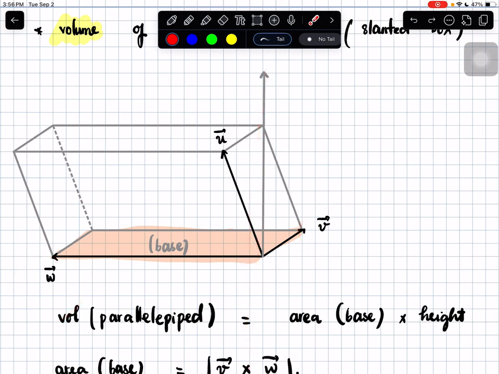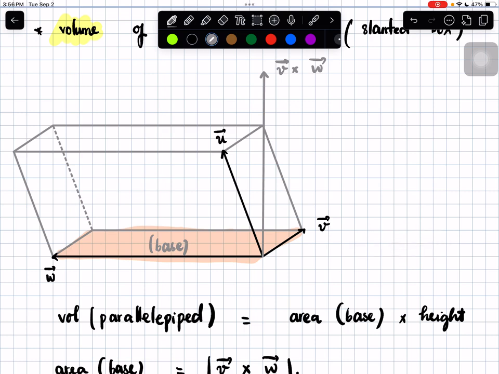In this picture, using the right hand rule, v cross w is actually pointing up. So vector v cross w is this vector. Whatever its length is, it is this vector.